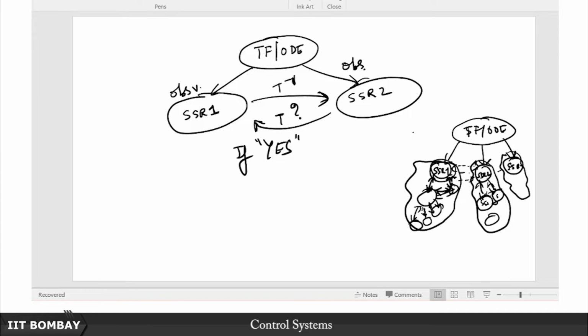A small thing needs to be clarified here. When I say the same transfer function, it essentially means that a given transfer function can be written in this fashion, and it can also be written in this fashion, NS upon DS times some QS by QS.